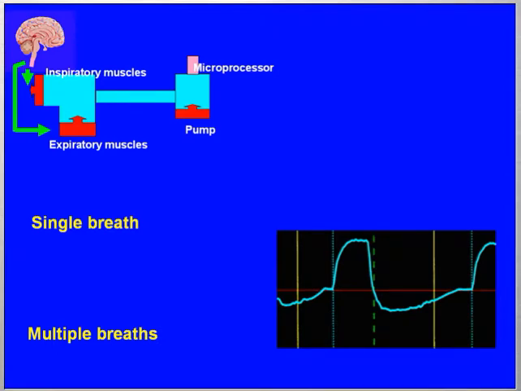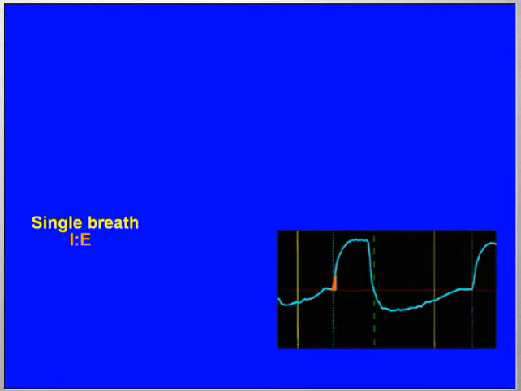So the complexity gets worse when we consider the fact that we have this going on in various time frames. Shown here are the inspiration and expiration, inspiration being positive. And we have to consider this for a single breath, as well as for multiple breaths. For a single breath, shown in orange there is the I to E, or inspiration to expiration switch point.